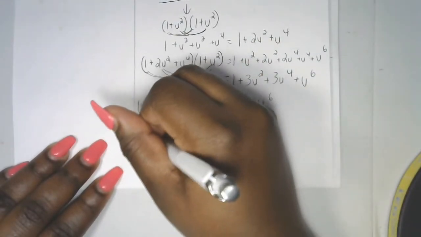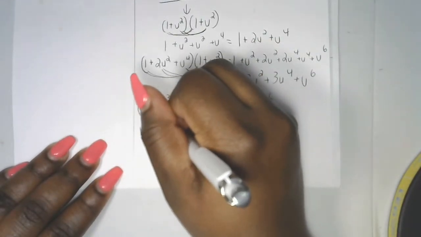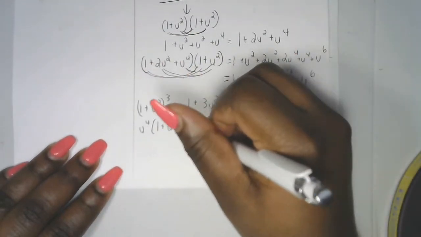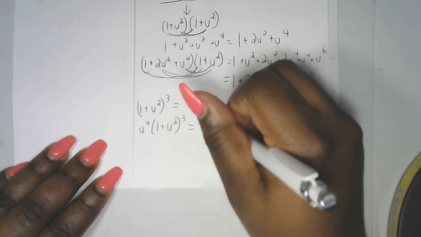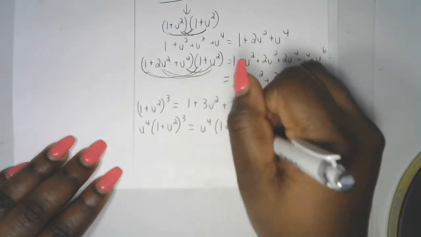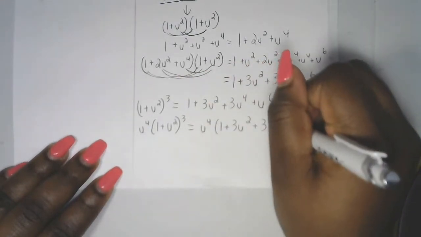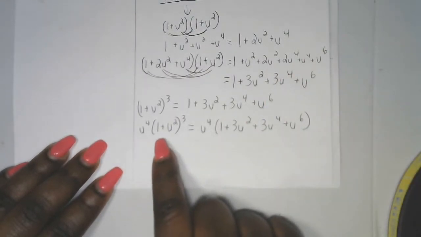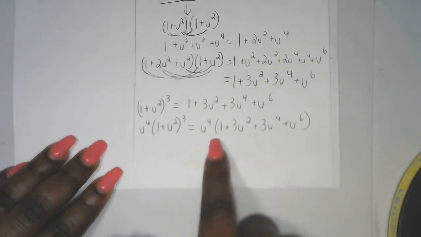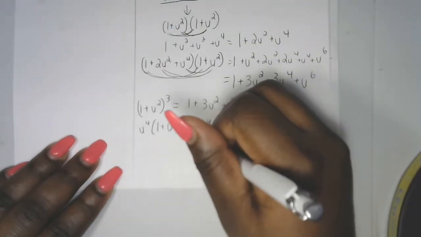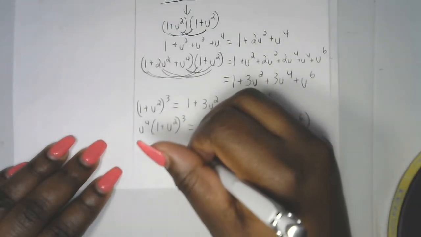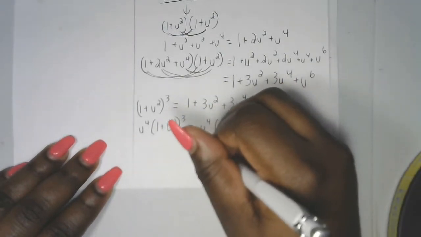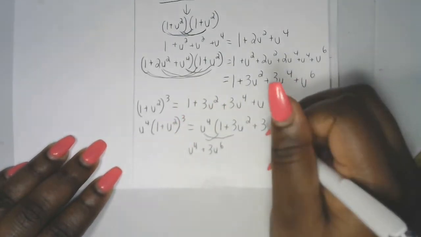So u to the fourth times 1 plus u squared, and that whole thing cubed, would be equal to u to the fourth times 1 plus 3u squared plus 3u to the fourth plus u to the sixth, because this equals this. So now let's multiply all this out. U to the fourth times 1 is u to the fourth. U to the fourth times 3u squared is 3u to the sixth.